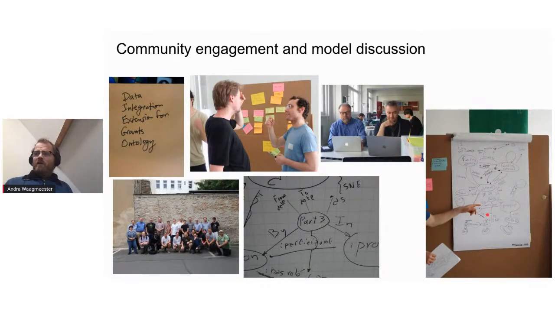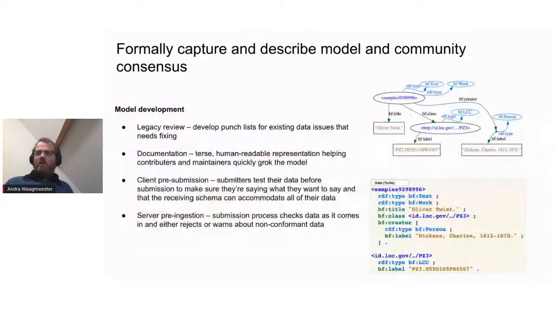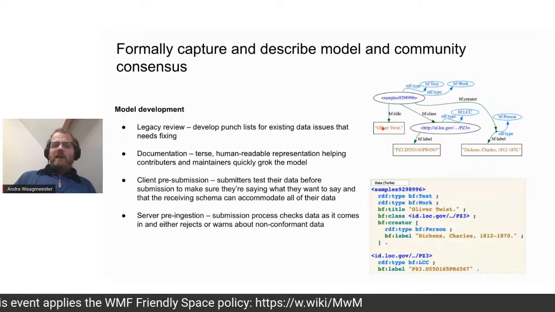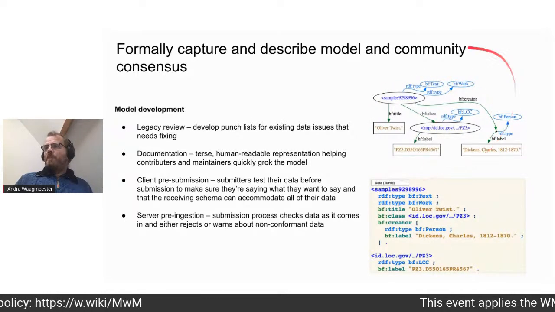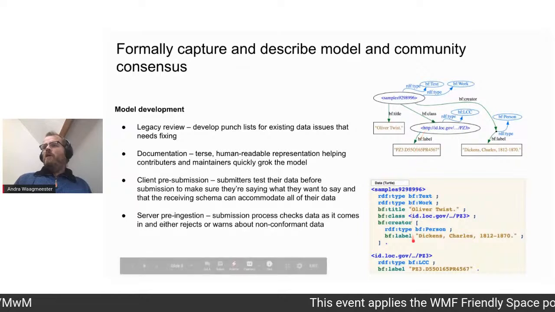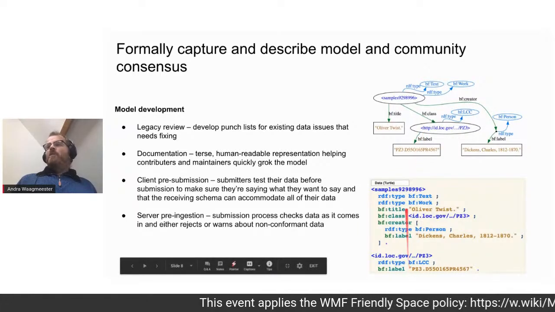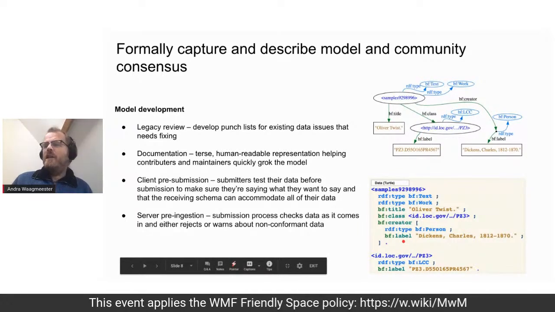But we need bots to act upon this, so we need to formalize that into a schema. What this schema does is translate this paper form to a machine-readable form.